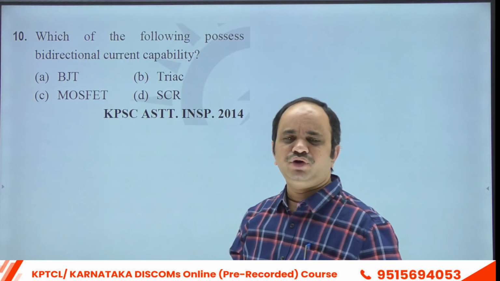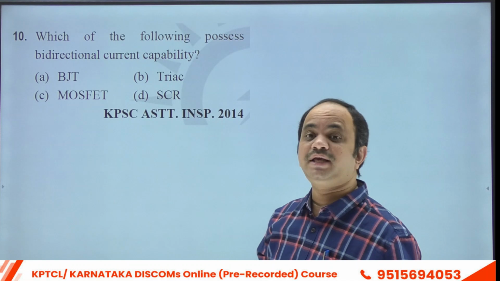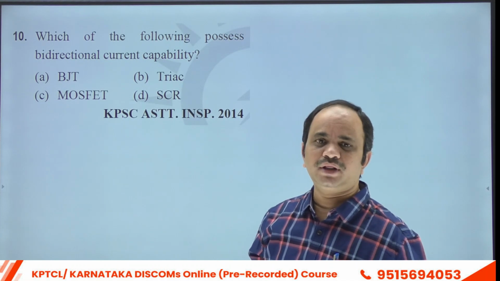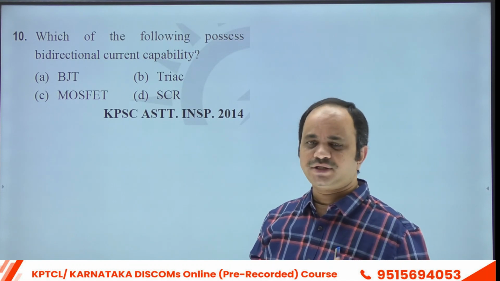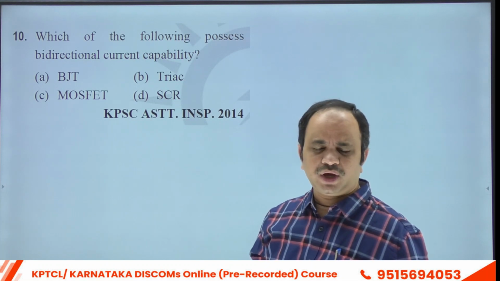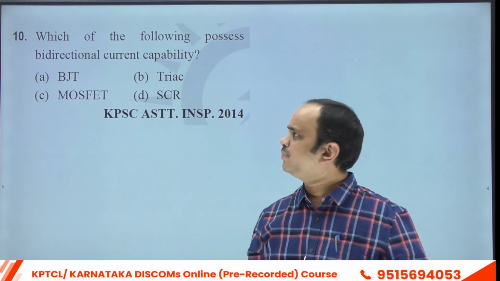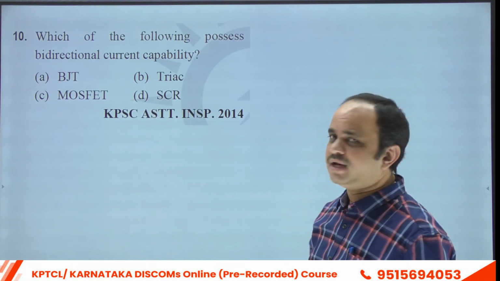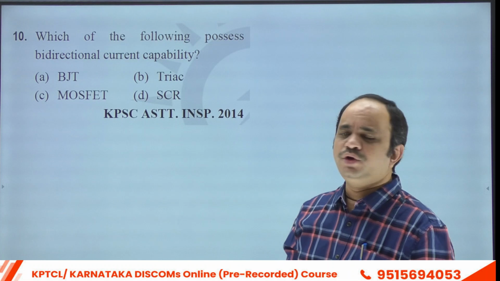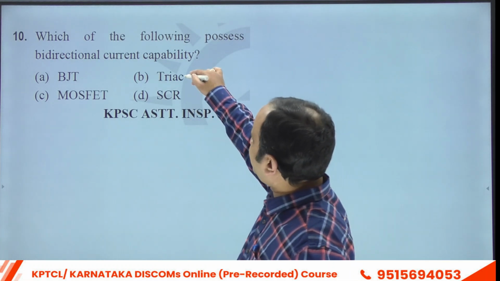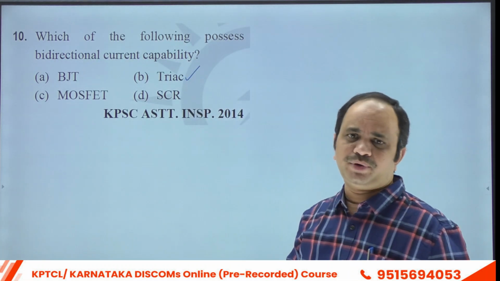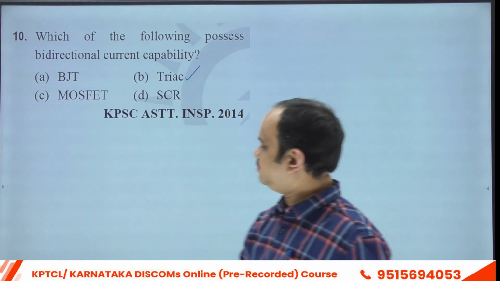MOSFET will also be a unidirectional switch, but if MOSFET is considered along with the body diode, then only we can treat it as a bidirectional switch. SCR will also allow the current to flow only from anode to cathode. Hence BJT, MOSFET and SCR all come under unidirectional switches. Triac will have bidirectional property. Hence option B will be the correct answer.